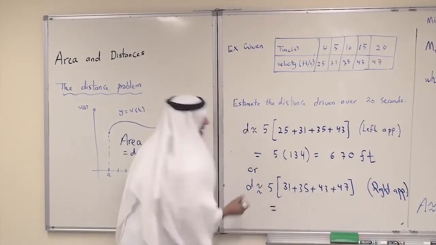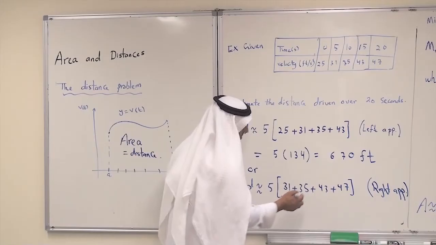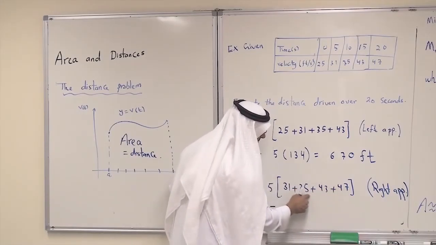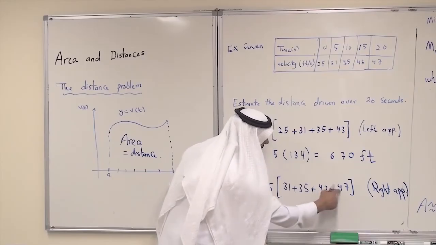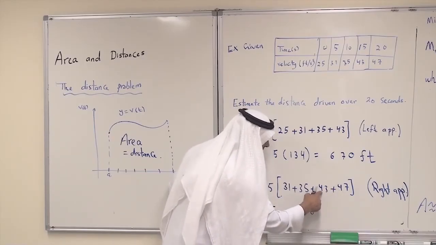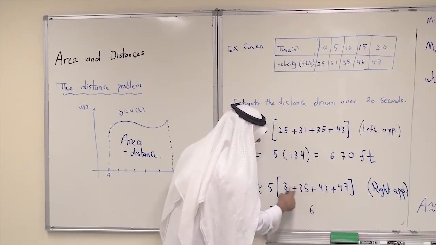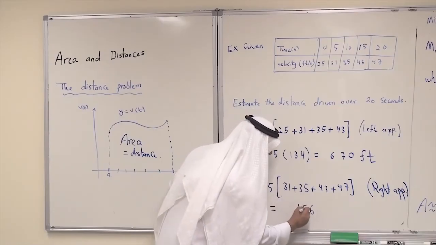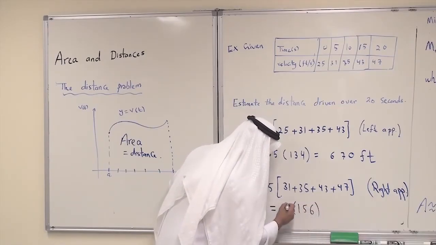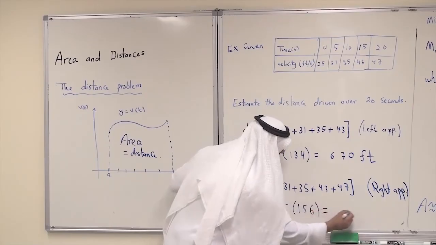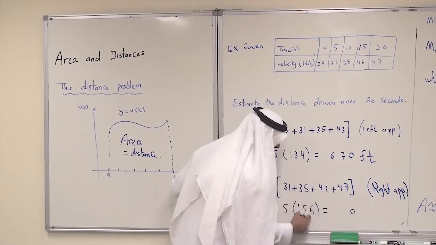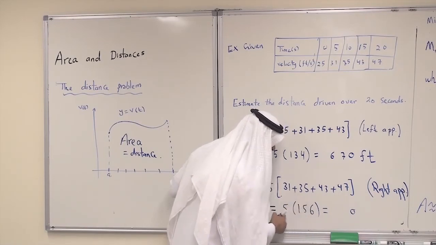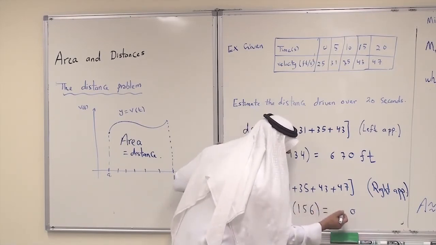Again, you need to add these numbers. 10 plus 5 is 15, plus 1 is 16. So this is 6 and 1. 5 plus 4 is 9. 9 plus 3 is 12. 12 plus 3 is 15. So this is 15. Then you need to multiply again by 5. 5 by 6 is 30, 5 by 5 is 25, and 3 is 28.